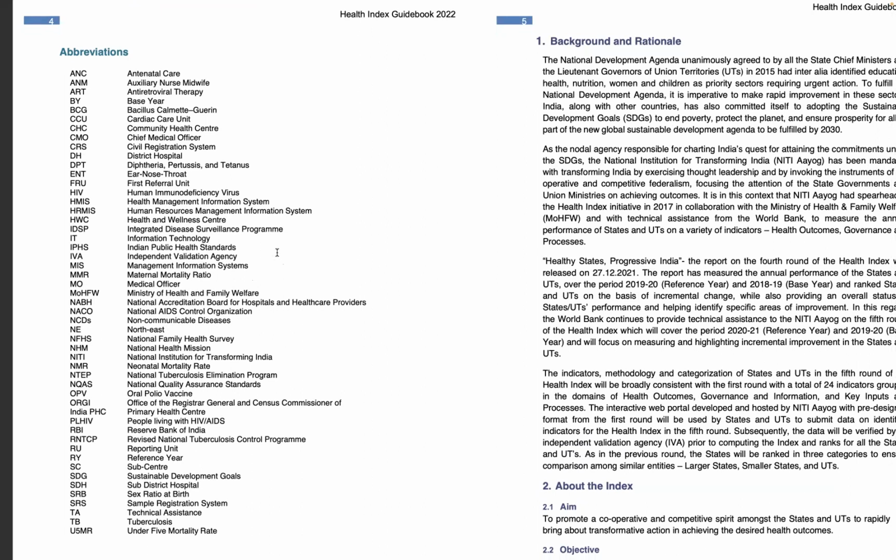The World Bank has actually asked India to go for a rationalization, to prepare a technical rationalization, prepare indicators, chalk out indicators, and then share them under health outcomes, governance, and process.